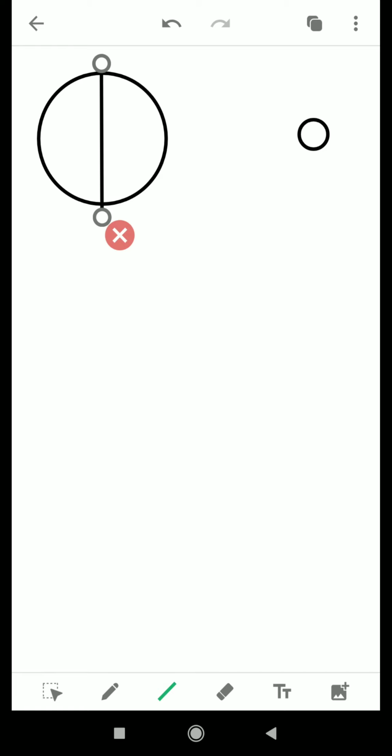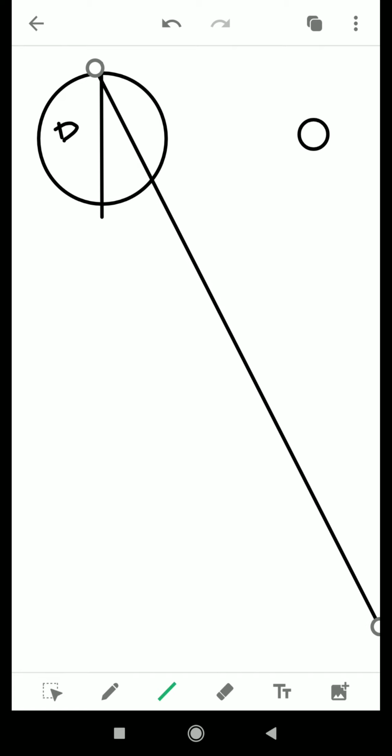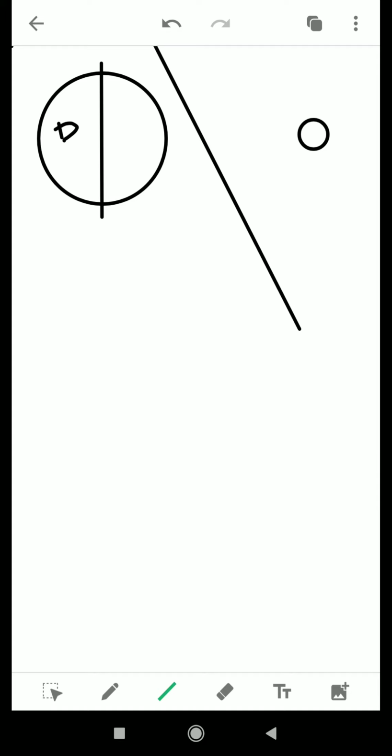This is the diameter of the sun, suppose it is capital D. The distance from sun to earth is small d.